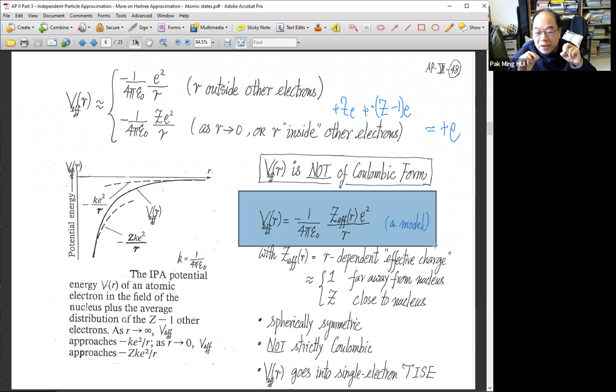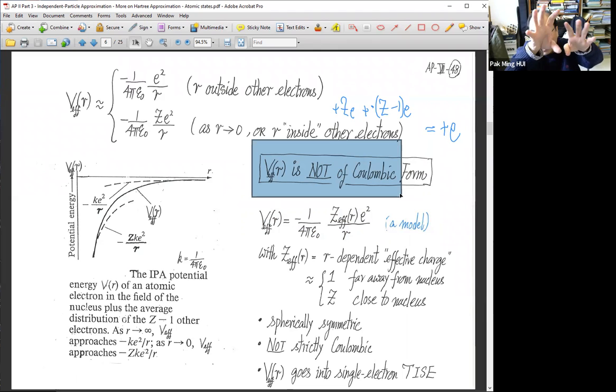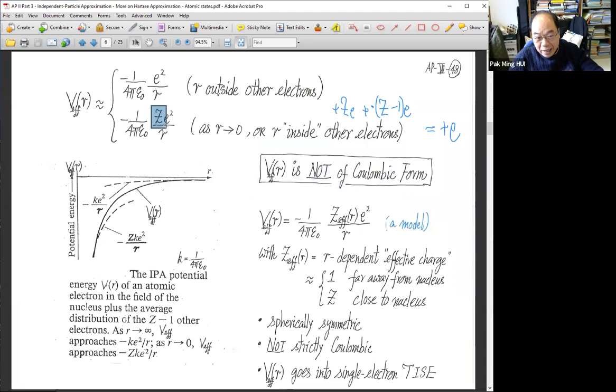But what I want to say is the following. If you understand the two limits, you realize it is not strictly Coulombic. Strictly Coulombic means it is always minus 1 over R, with something up there being a constant. Now it's not a constant. Very far away it is 1, close it is Z, in between we don't know, all right?